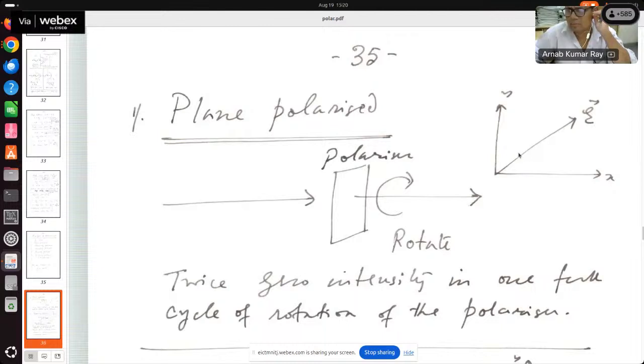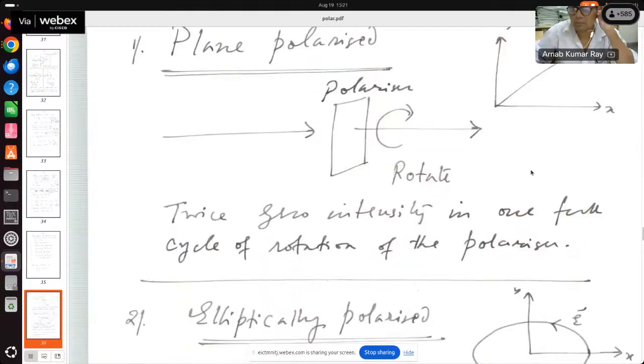Your analyzer material has got its crystal lattice orientation such that all of this electric field orientation is passing through the gap. And then you slowly rotate the analyzer. So when the atomic plane spacing is at 90 degrees, nothing will go through. And then in a full cycle there will come another stage when there will be another 90-degree orientation between the two. And so in both cases you'll get zero intensity in one full cycle. Okay, so that's plane polarized.